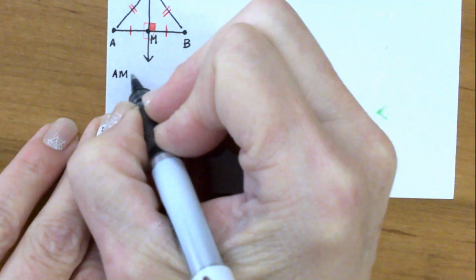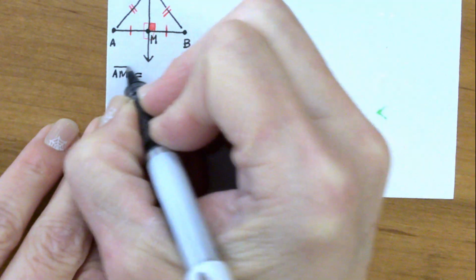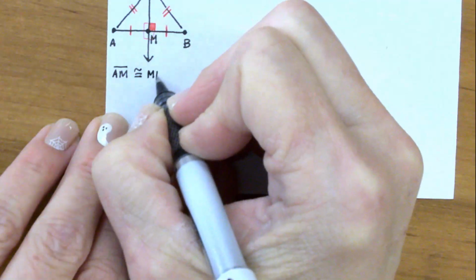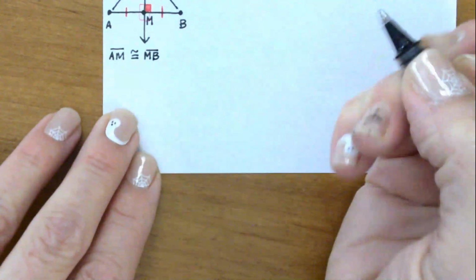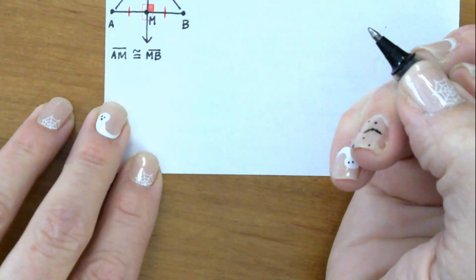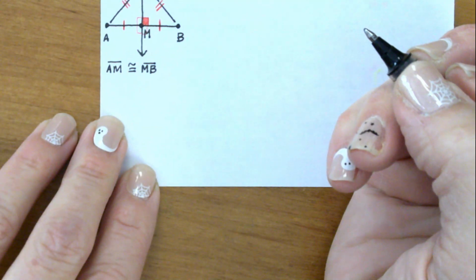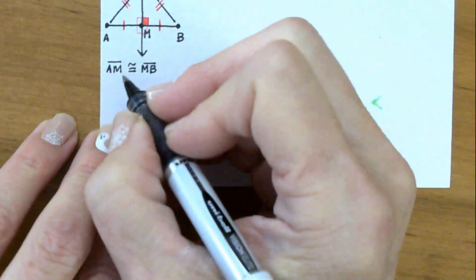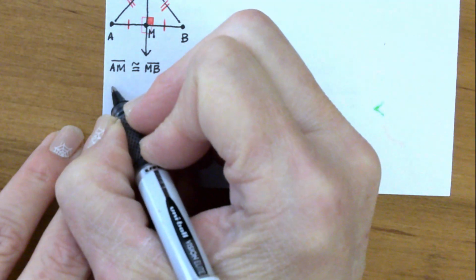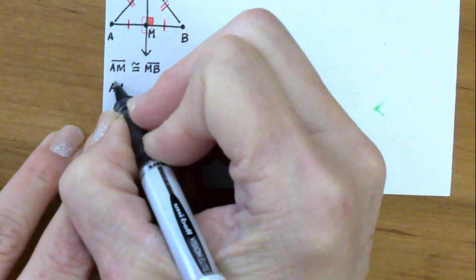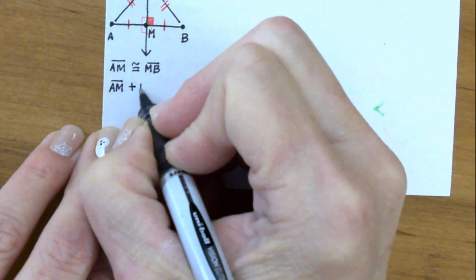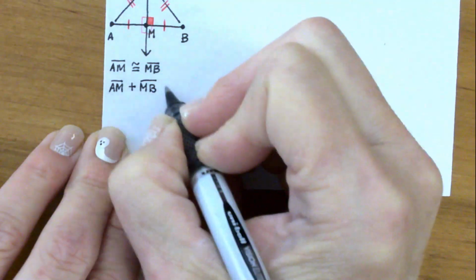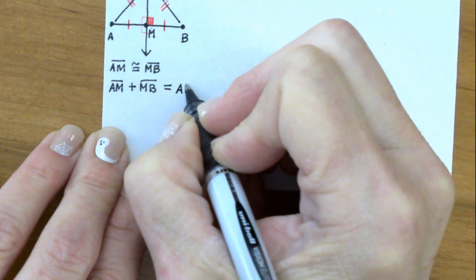AM is congruent to MB. AM plus MB equals AB.